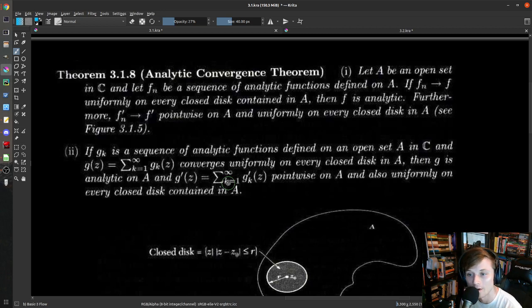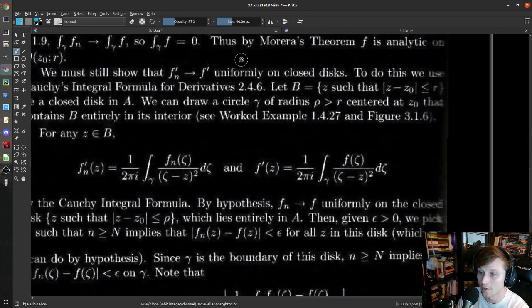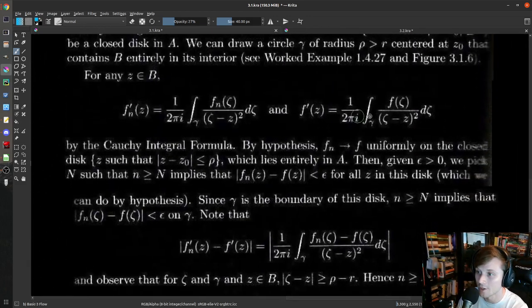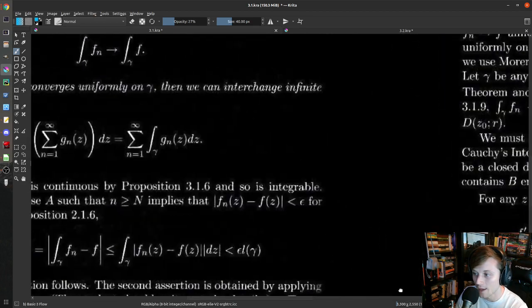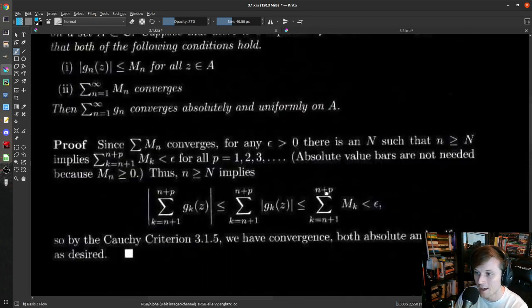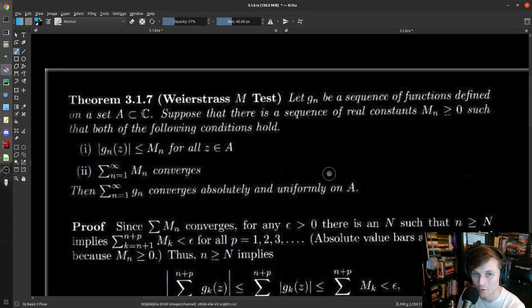So that will help us. Then we'll get into the analytic convergence theorem and talk about the appropriate domains for things to converge. And hey, look at this, we're going to see some nice pieces involving Cauchy's theorem. And this will build all the way up to the end of the section. And in the next section, we will talk about series representations of analytic functions. Kind of cool.